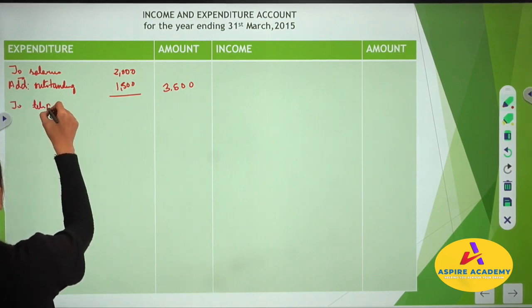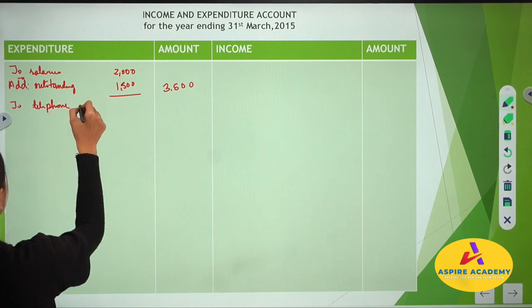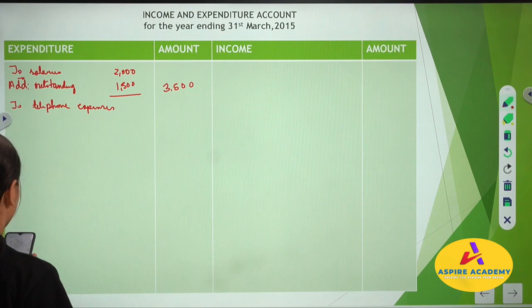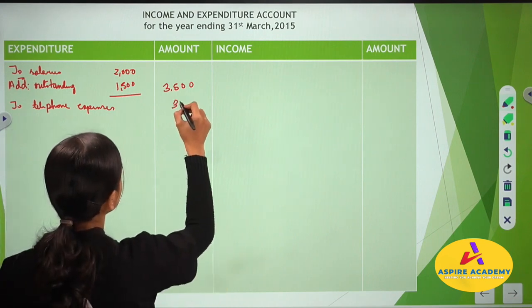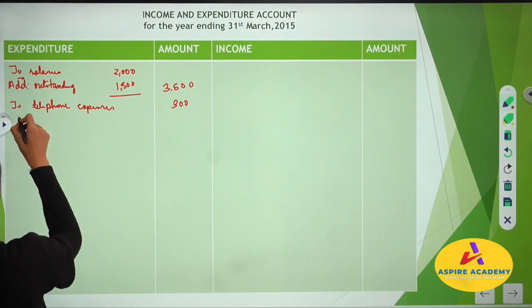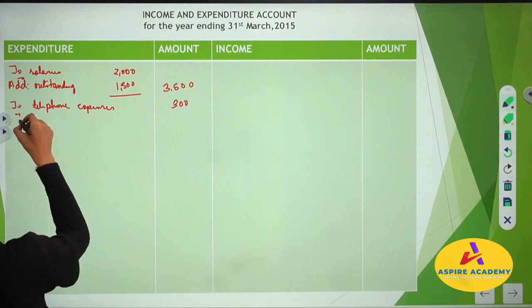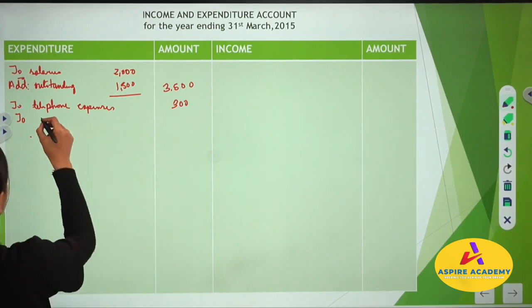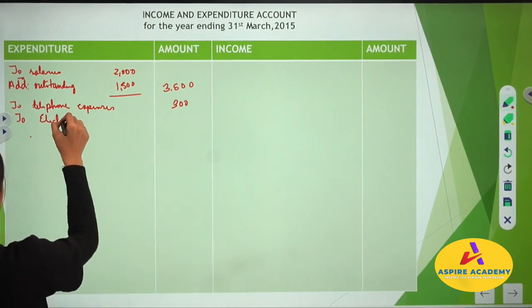Next you have telephone expenses. To telephone expenses, the amount is 300. Next is to electricity charges.